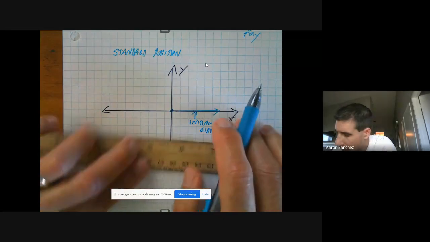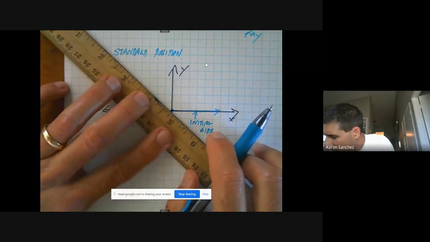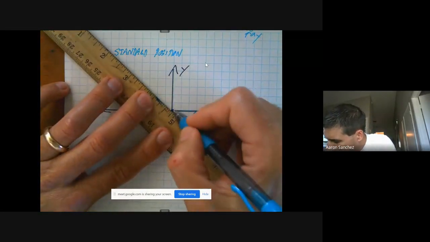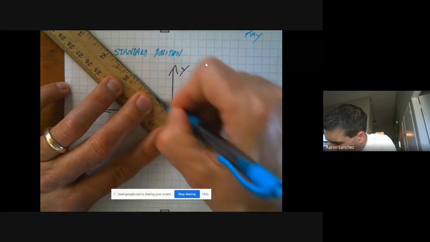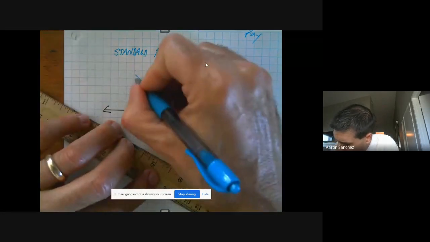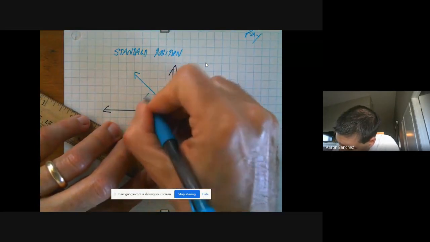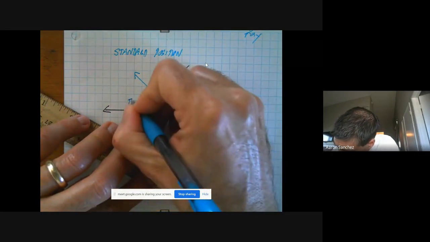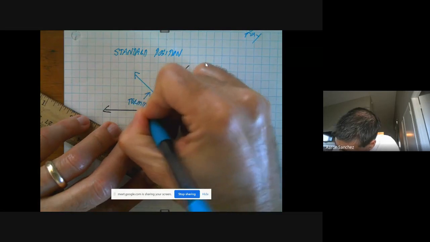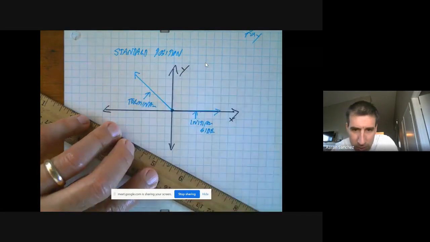Now, the angle will open up, and we have this part right here. This side that is not on the x-axis is called the terminal side.